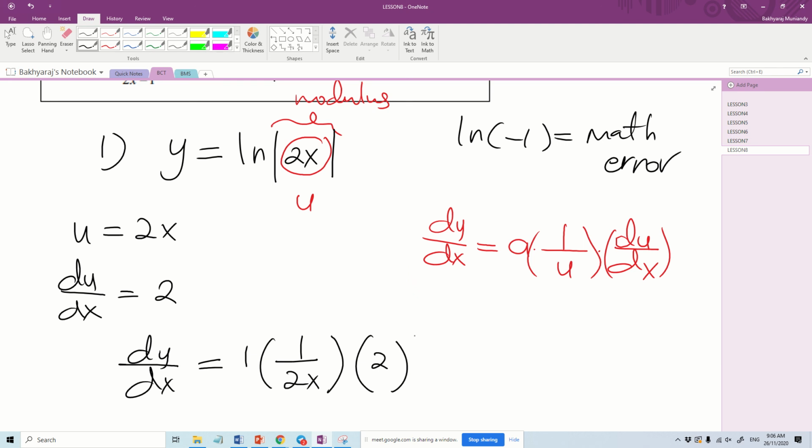Correct, 1 over x, because we get 2 over 2x, and cancelling gives 1 over x. Very good, well done. We go for question number 2.